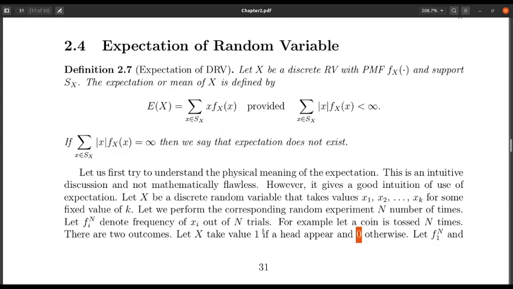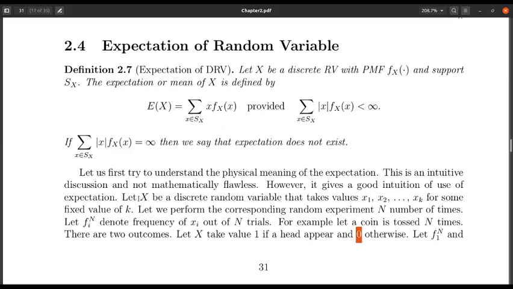I can toss the coin again and again, and note down how many times head appears and how many times tails appear. The number of times head appears is called the frequency of 1, and the number of times tails appear is called the frequency of 0.